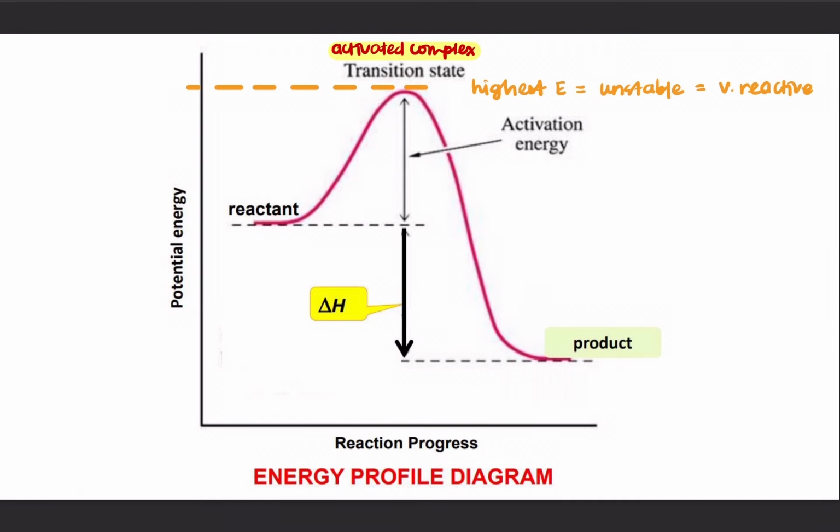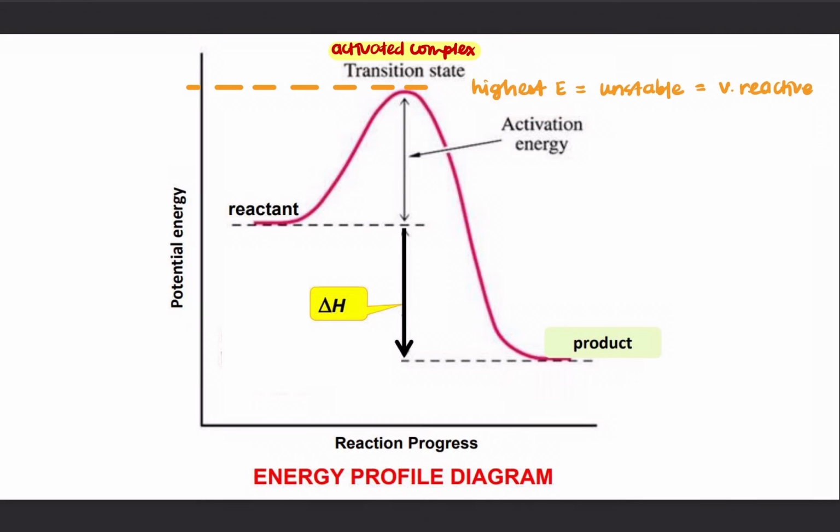So this is a typical energy profile diagram. We have our reactants, our product, and our activation energy, the arrow denoting the activation energy. Up here is the hill, the maximum amount of energy, called the transition state. Your activated complex has the highest amount of energy.